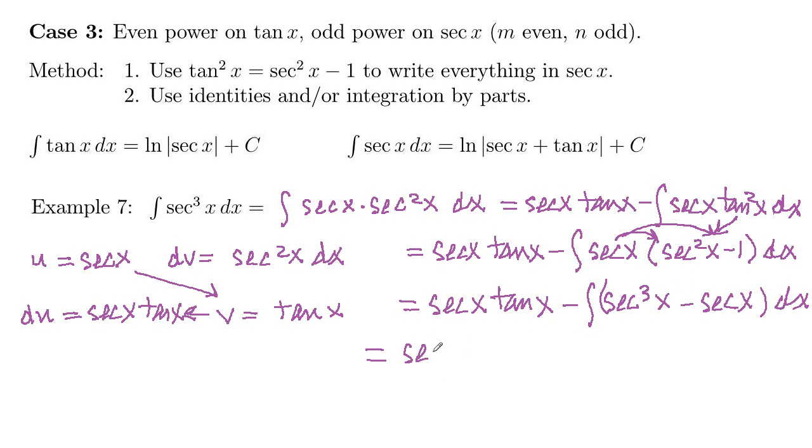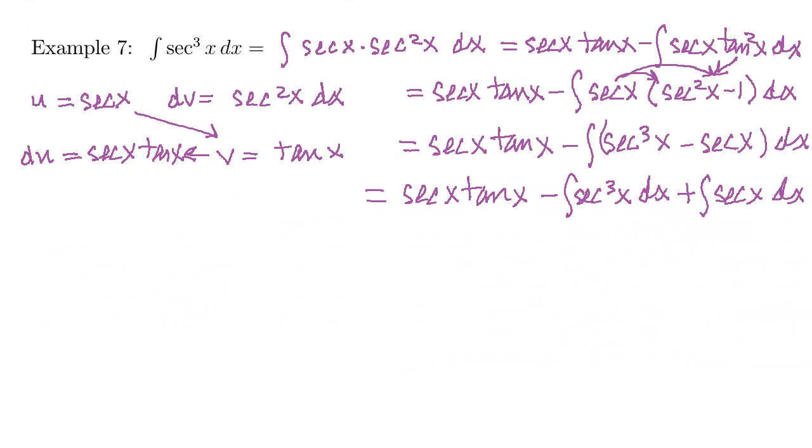So this will be secant x tan x. Let's go ahead and distribute our minus sign. So minus secant cubed and plus secant. So minus the integral of secant cubed x dx, and then double negative there, plus the integral of secant x dx.